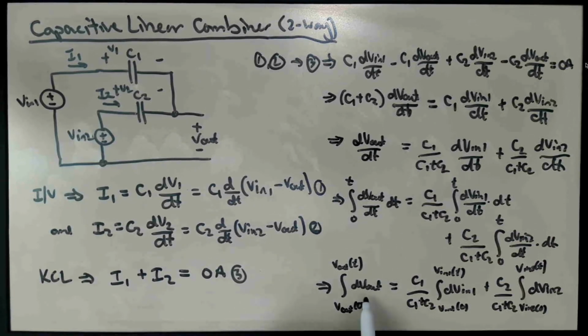And of course the integral of dV out is V out, the integral of dV in 1 is V in 1, and the integral of dV in 2 is just V in 2.